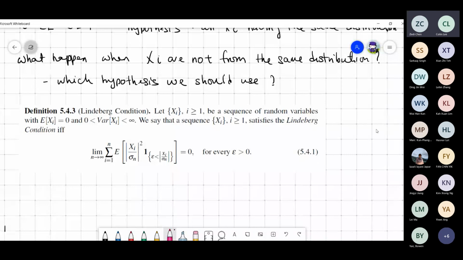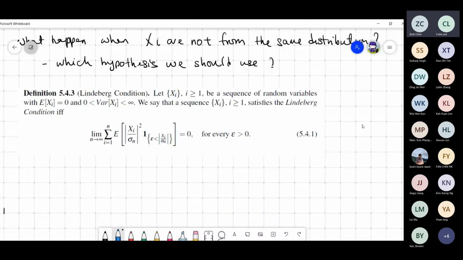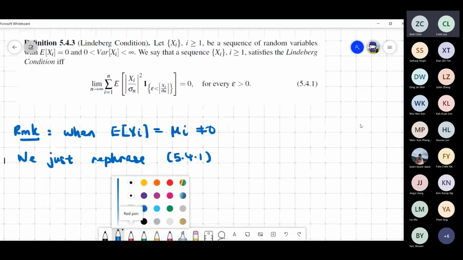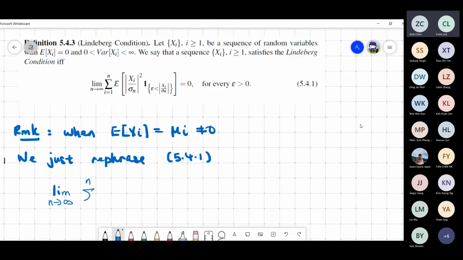Again, when E of xi is not equal to 0, so let's say equal to mu i, what happens? We just rephrase condition 5.4.1 as this: we just replace xi with xi minus mu i, and the rest remains the same.